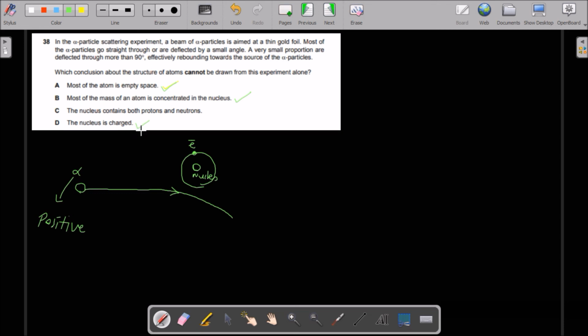That's why D also is right. So the wrong answer for the alpha particle scattering experiment is C. C cannot be drawn from this experiment alone, so C will be the answer for this question.